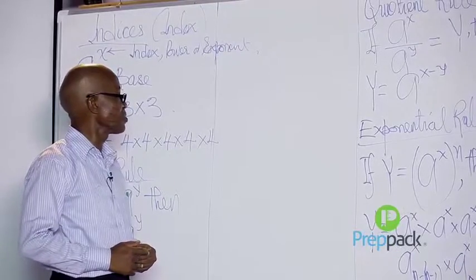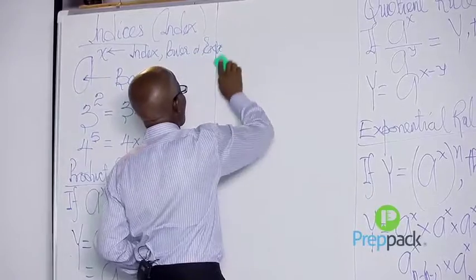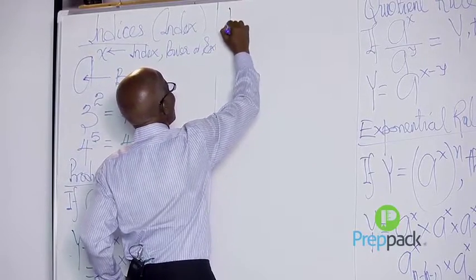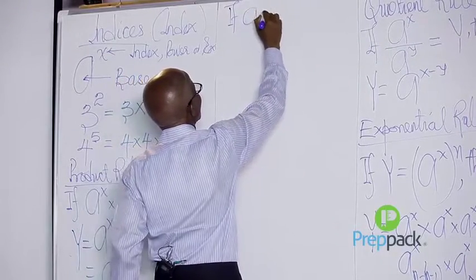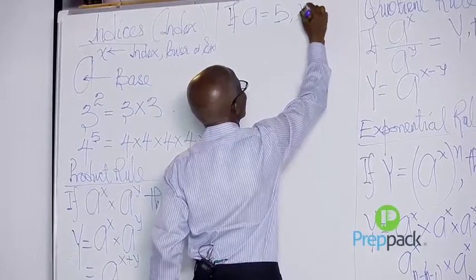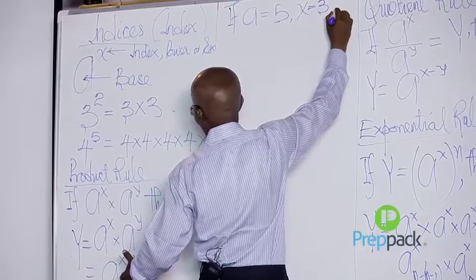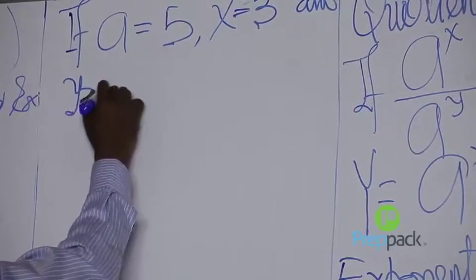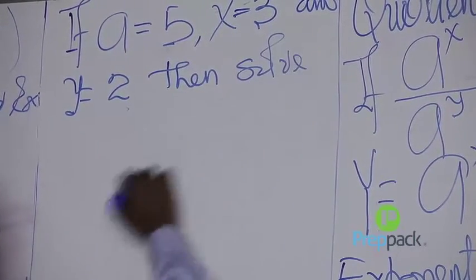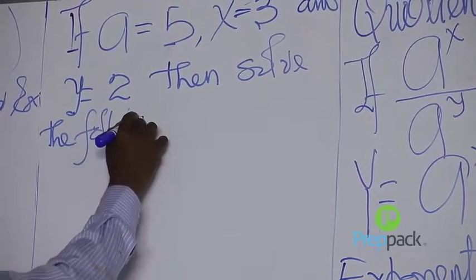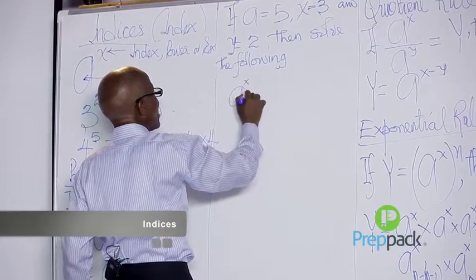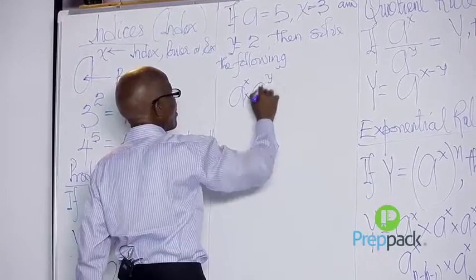Let's take some examples. If a equals 5, x equals 3, for instance, and y equals 2, then solve the following. 1: a raised to power x multiplying a raised to power y.